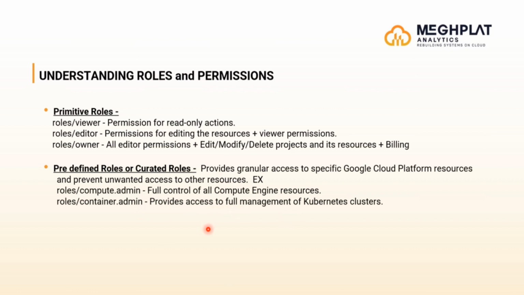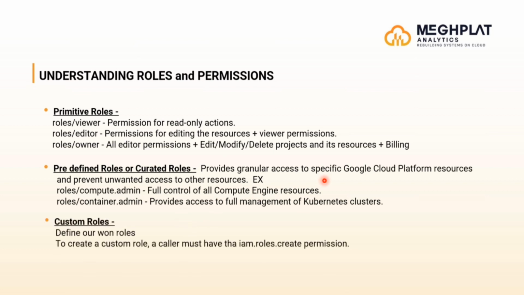For example, if a person is assigned with the compute admin role, then that person can gain control over Google compute engines only and not for other resources, as you have seen here.